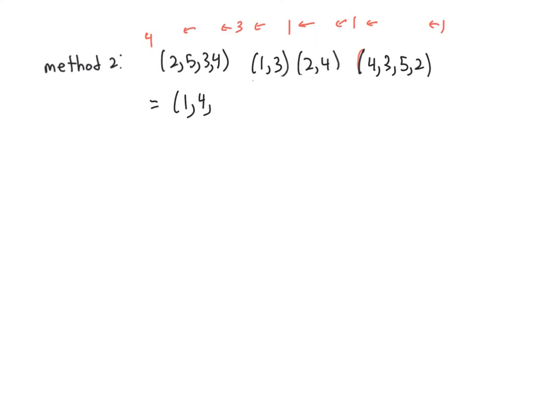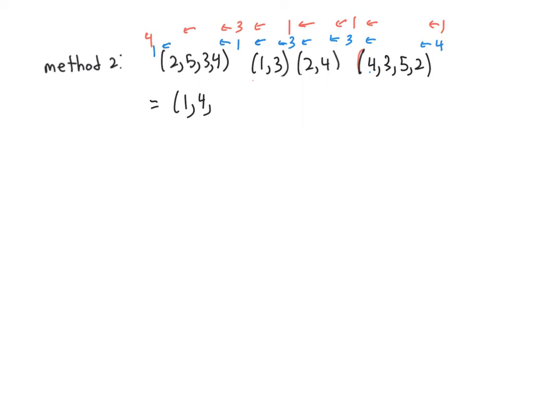We got to figure out what happens to all the other numbers, right? So what happens to 4? 4 appears here and is sent to 3, so 4 becomes 3. 3 does not appear in this cycle. 3 becomes 1. 1 does not appear in this cycle.